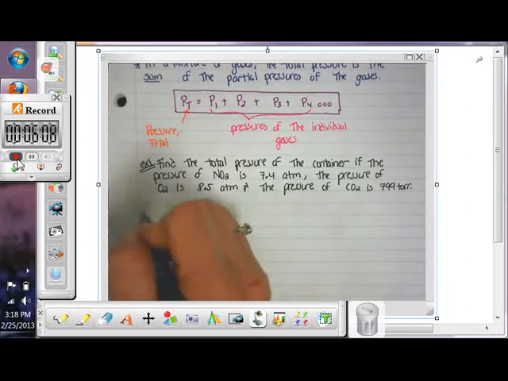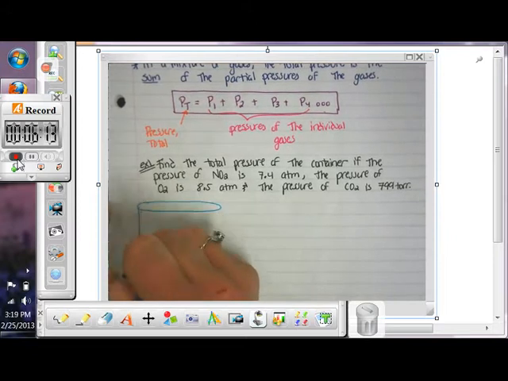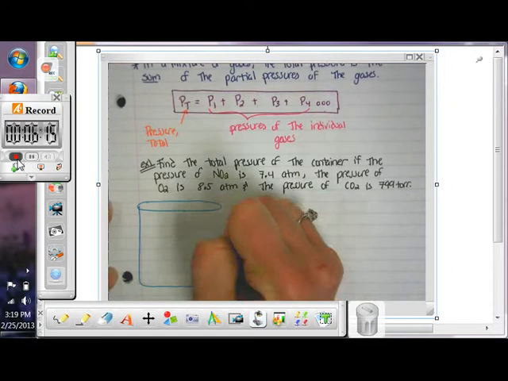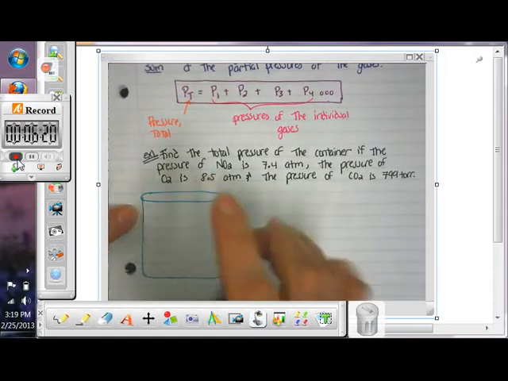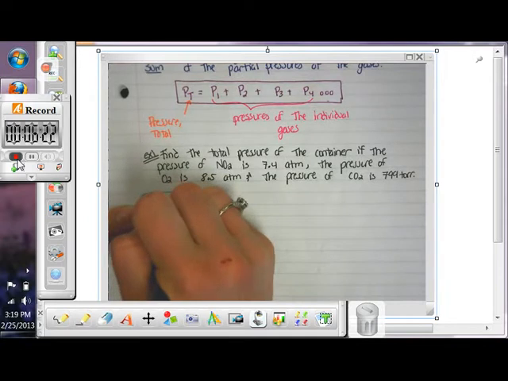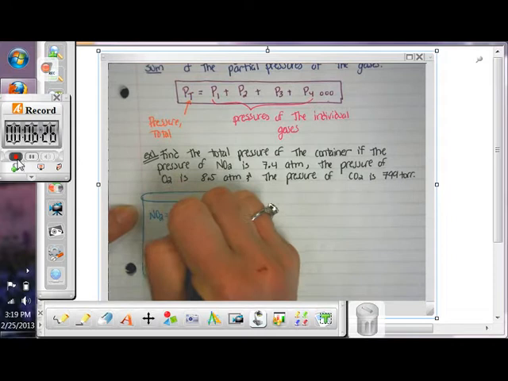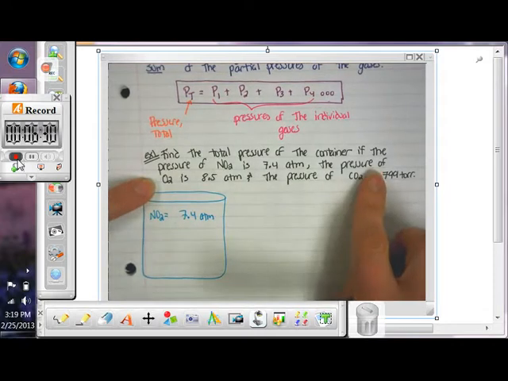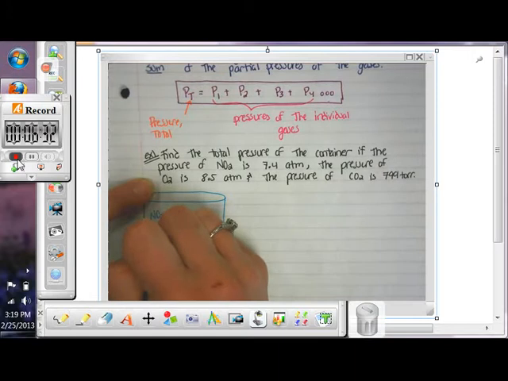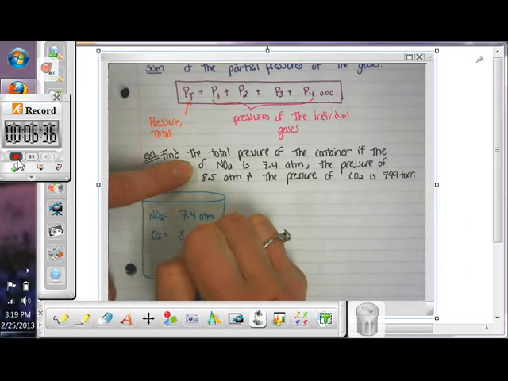Once again, I'm going to draw a little diagram so that way your brains can visually kind of figure out what's going on. Okay, so they told me I've got NO2, nitrogen dioxide, and his pressure is 7.4 atmospheres. They've also told me I've got oxygen in this container, and oxygen's pressure is 8.5 atmospheres.